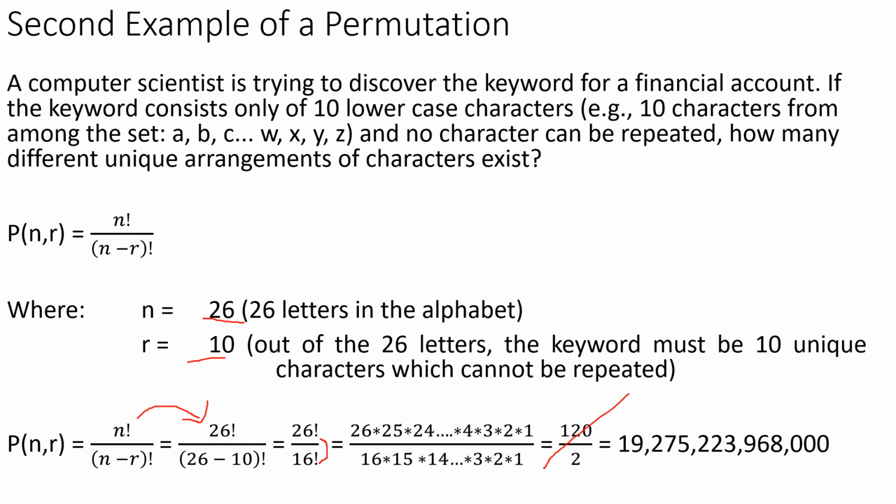When I multiply 26 times 25 times 24, all the way down to 1, divided by 16 times 15 times 14, all the way down to 1, we get 19 trillion, 275 billion, 223 million, 968,000 arrangements. We can pick any 10 letters from the alphabet out of 26, as long as they don't repeat.